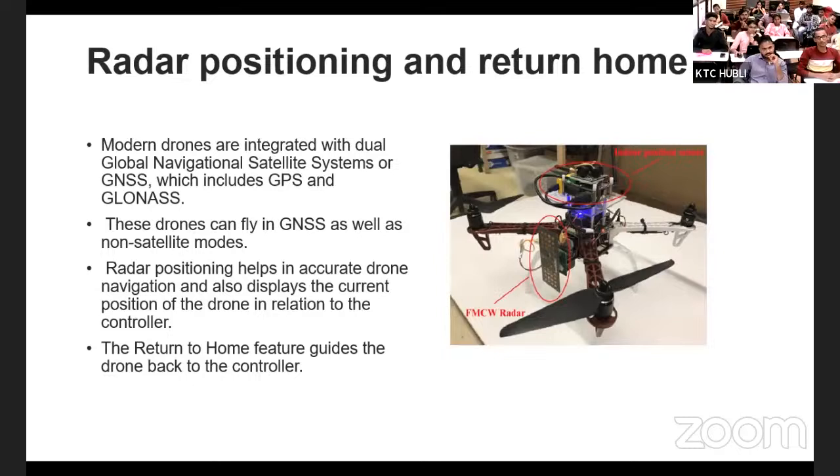Modern drones are integrated with dual global navigation satellite systems, or GNSS, which include GPS and GLONASS. These drones can fly in GNSS as well as non-satellite modes. Positioning helps in accurate drone navigation and also displays the current position of the drone in relation to the controller. The return to home feature guides the drone back to the controller.